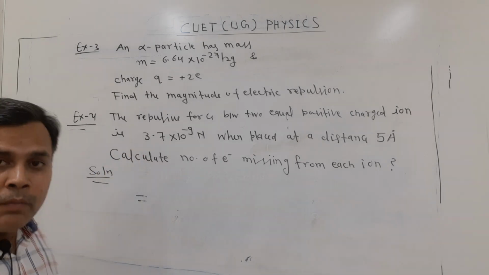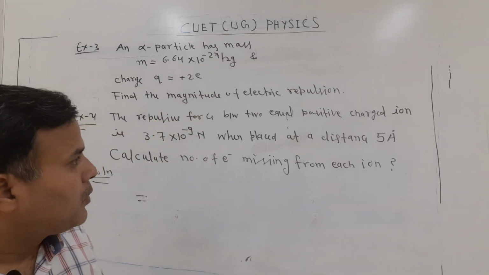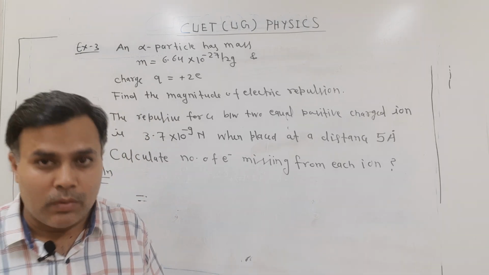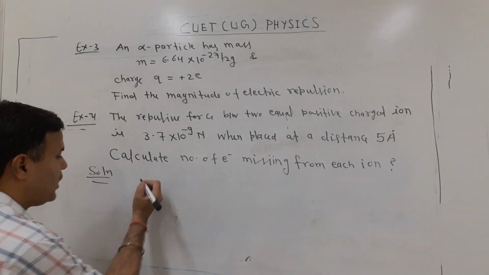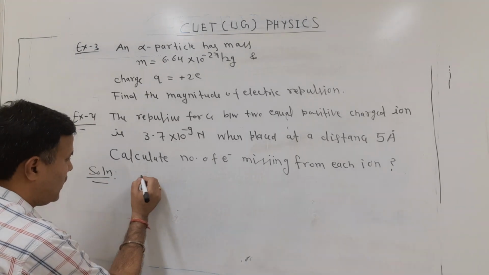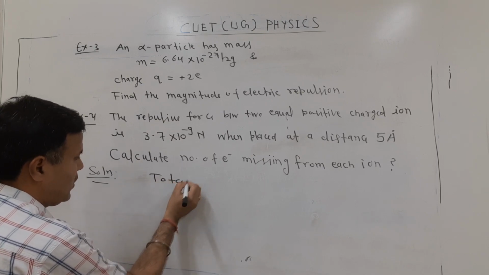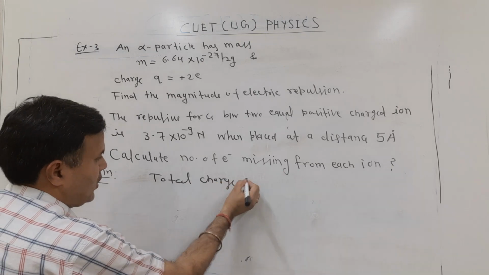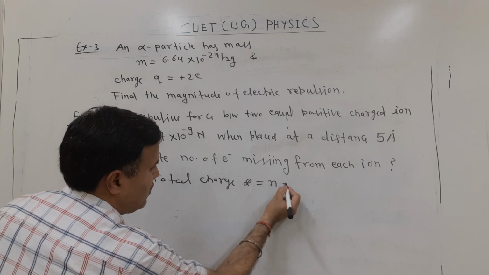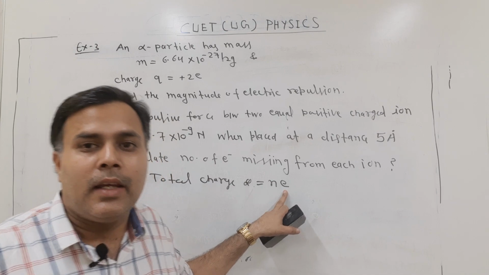This is another very important example which tells us that with the help of Coulomb's law we can find out the charge, distance, force and number of electrons also. How to calculate the number of electrons? We have a formula: total charge Q is equal to N into E. This N is the number of electrons and E is the electronic charge.